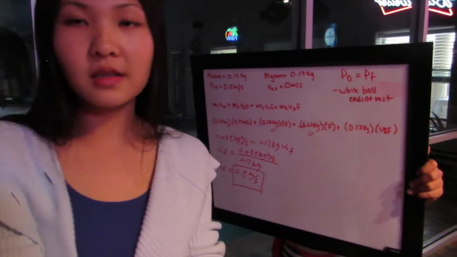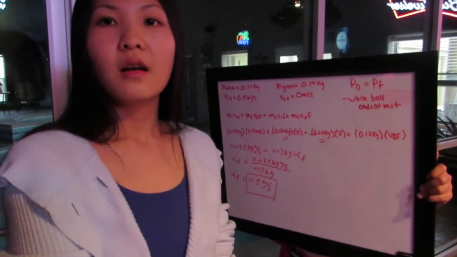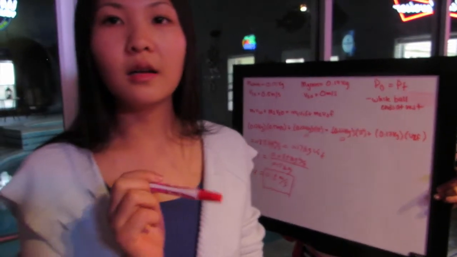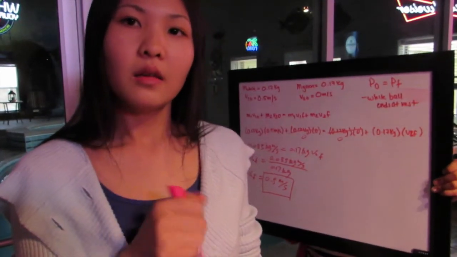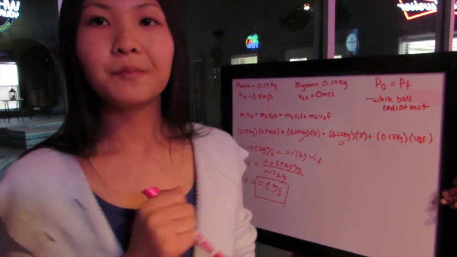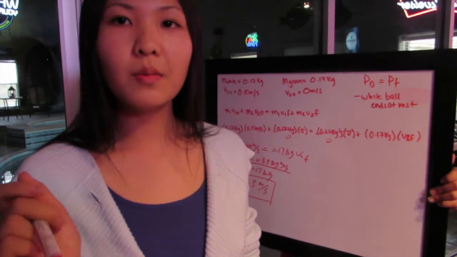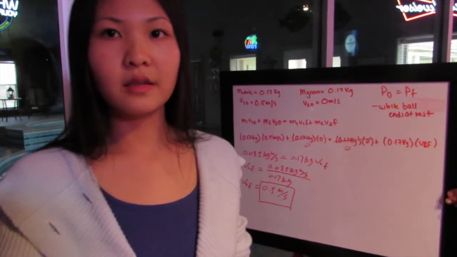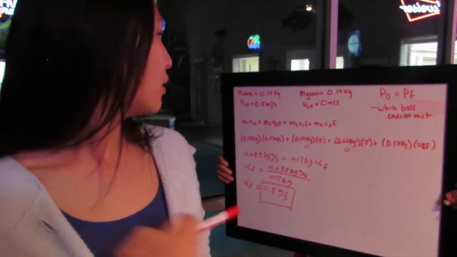And this does make sense because of the conservation of momentum. When the white ball hit the green ball, the momentum of the white ball transferred to the green ball. That's why the green ball takes off at the same speed as the white ball.